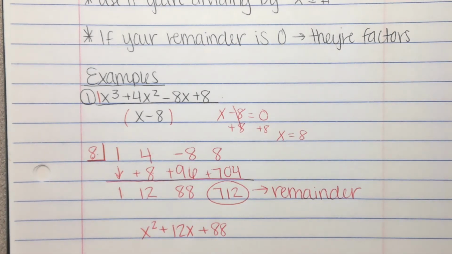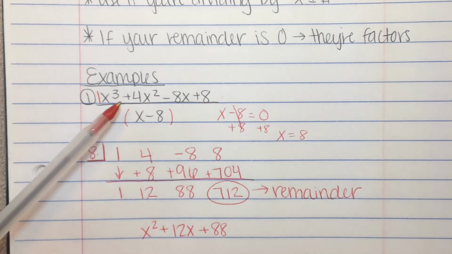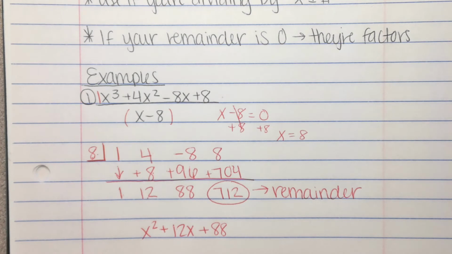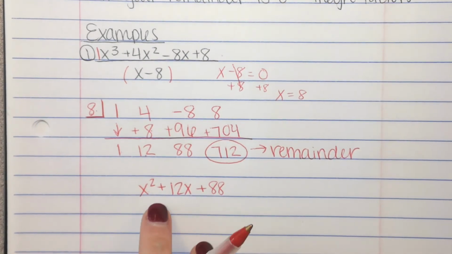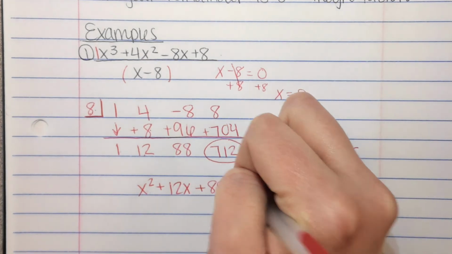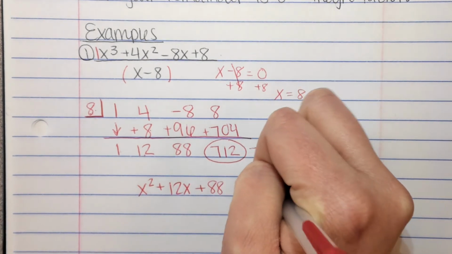If you want to go the other way, that's fine. Just know that your first exponent is going to be 1 less than what we started with, because you're dividing x cubed by x, and that leaves you x squared. Okay? So again, you can do it either way, but just know that's where that 2 comes from. All right? And then our remainder is 712.